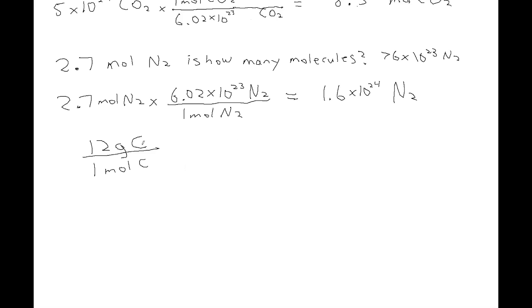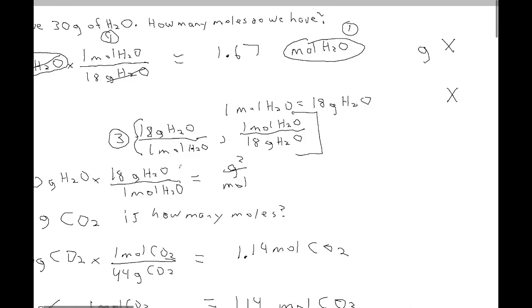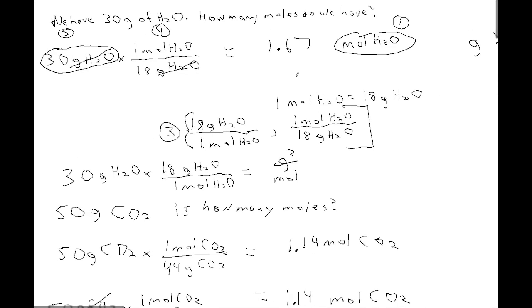I think that's pretty close to the official definition. But I wouldn't emphasize that too much, because what's important for solving problems are these 2 conversion ratios. These are the real definitions of a mole that are useful for us.